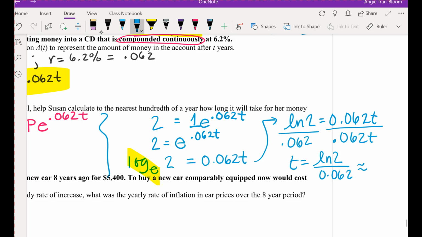Use your calculator. It says round to the nearest 2 decimal places. Let me know when you have your decimal. Kelly, let me know when you're ready. 11.18.